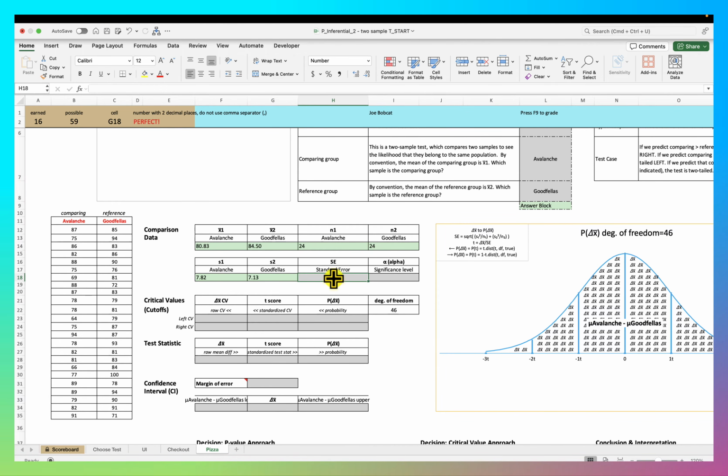The standard error is the square root of this square divided by that plus S2 squared divided by N2.